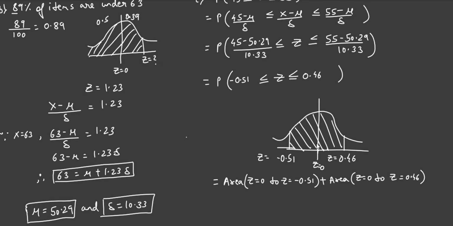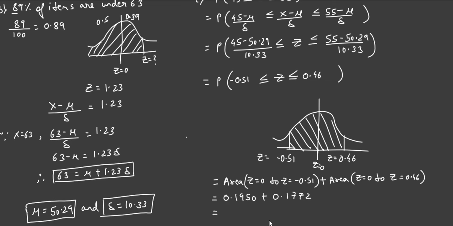We know this area, which is given in the table, is 0.1950, plus this area for 0.46, which is 0.1772. Okay guys, if it is not given in the question here in this video, in the exam they provide it to us, so don't worry about these values, trust me. So here we get the final answer by adding them.